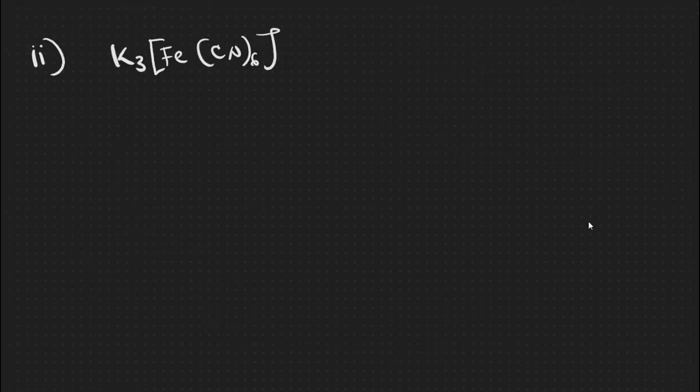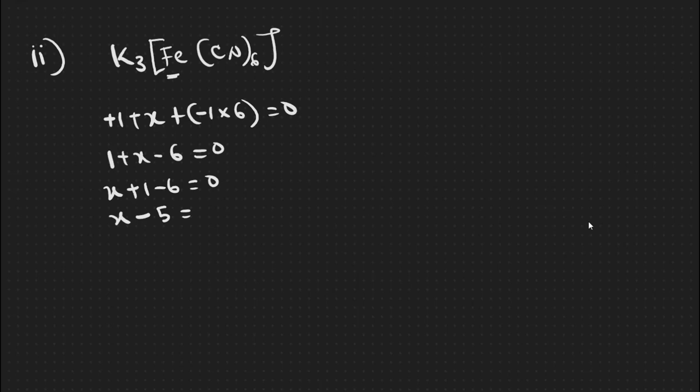So this is the next complex. As usual, let's calculate the oxidation state of the central metal, which is iron. So we know that potassium is positive 1. So that's the oxidation state of the central metal. And the atomic number of iron is on the periodic table.